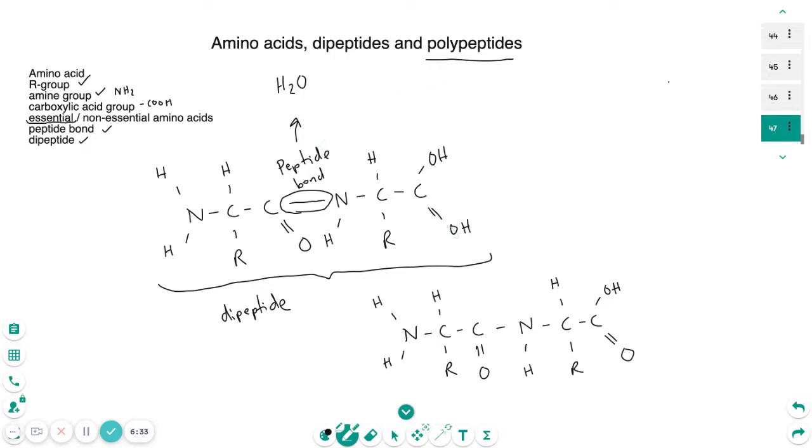To do polypeptides, we just have to show this amino acid here. If I show that this carboxylic acid group is going to interact, so that OH group will have reacted. Let's just put this down to make it neater.